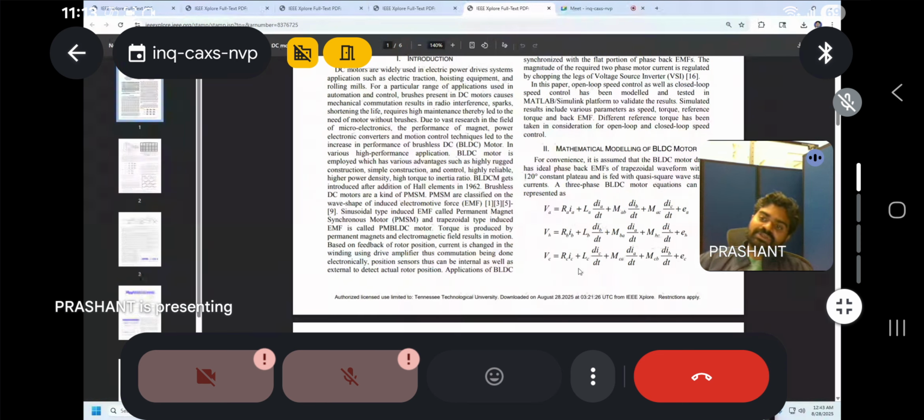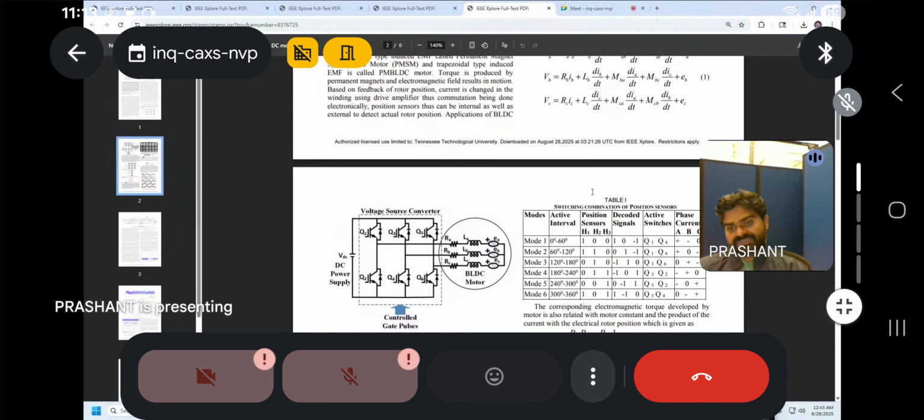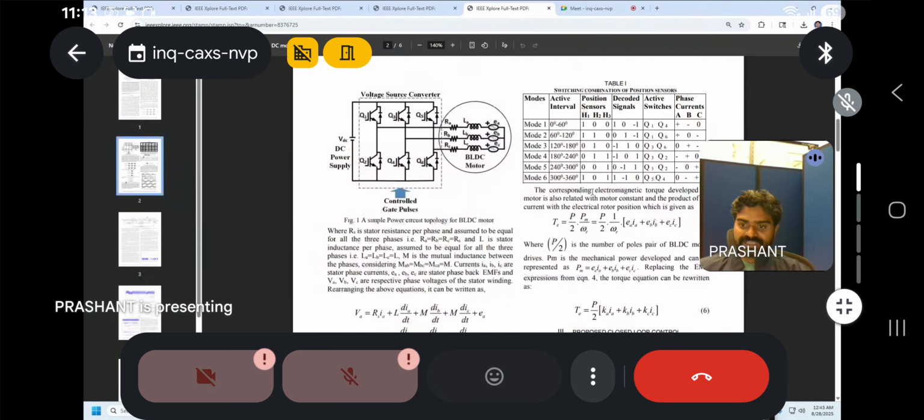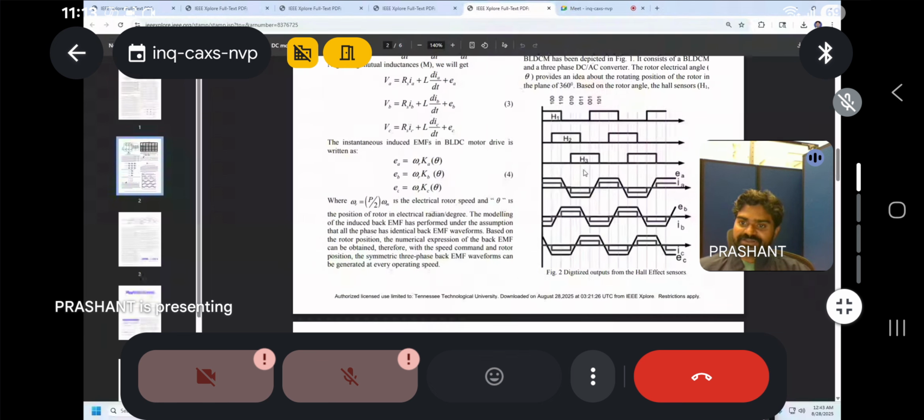Now, permanent magnet synchronous motor is of two types. One is BLDC motor and another is PMSM, and that depends on the nature of the stator phase back EMF. See here, the trapezoidal nature, the top here and the bottom here, is EA.